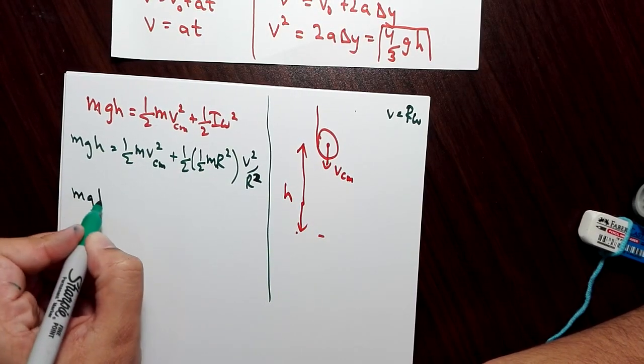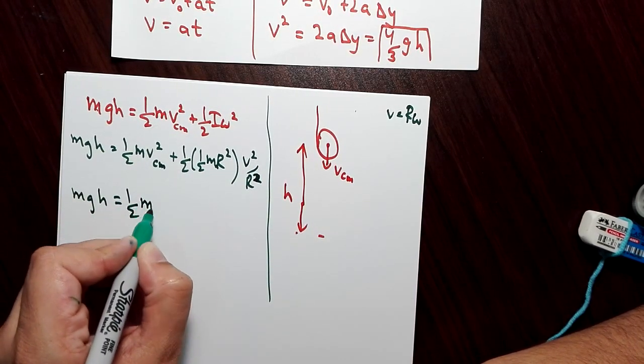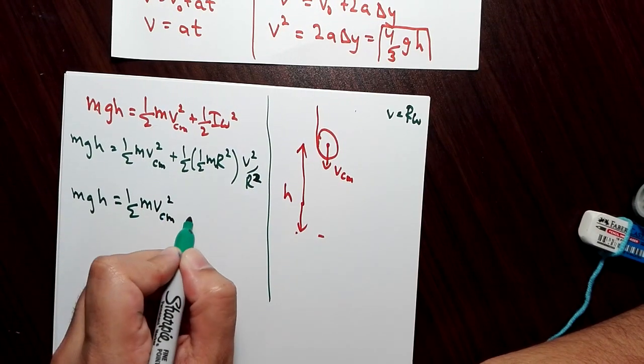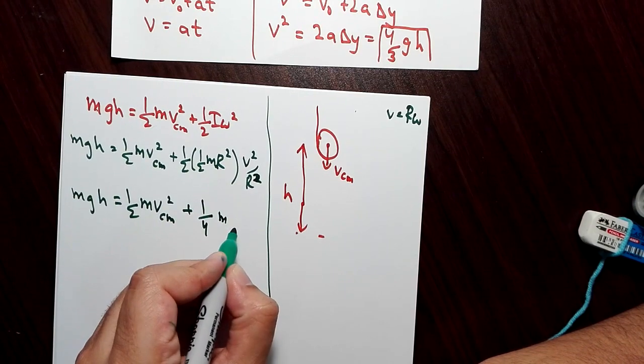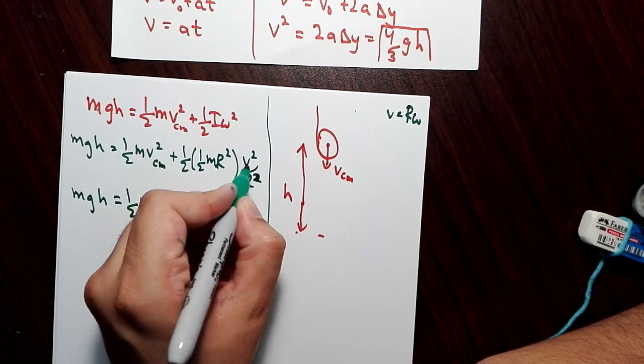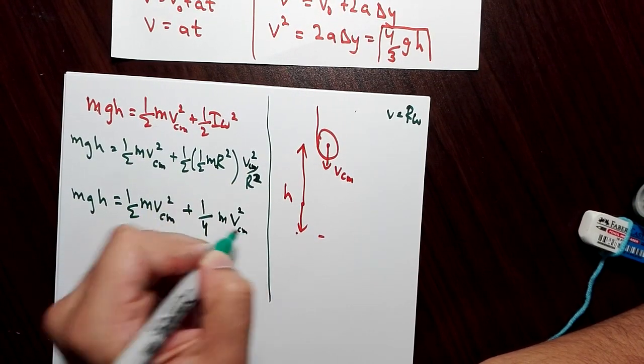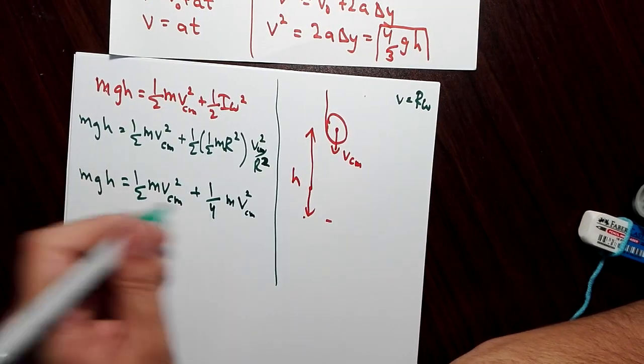You get mgh equals half m v center of mass squared plus 1 by 4 m v center of mass squared.